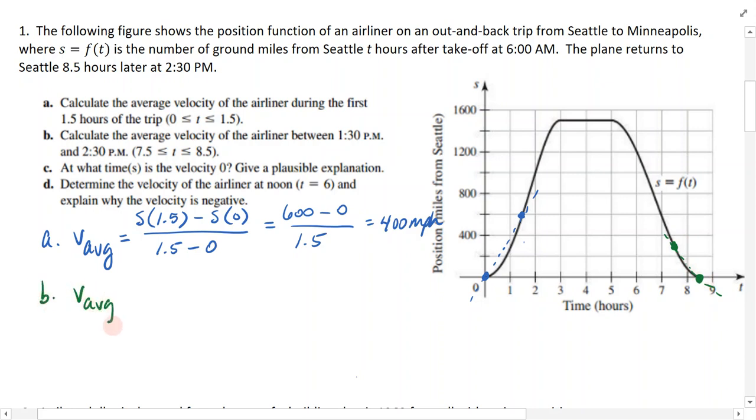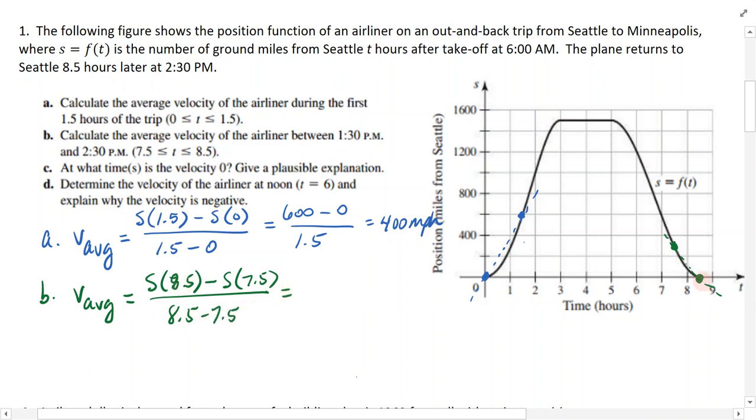So average velocity would be the value of the function at 8.5 minus the value of the function at 7.5 over the difference in those times, 8.5 minus 7.5.